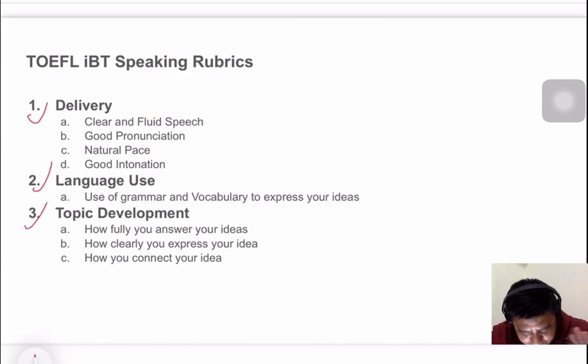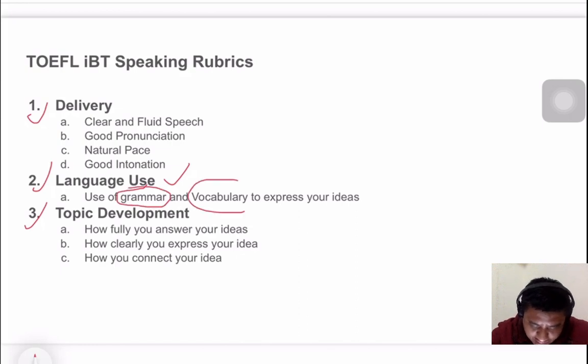Now some of the things here are already what we talked about in the writing section. For example, when you talk about language use, this is exactly how we discussed it. The components that we discussed in writing also feature here.